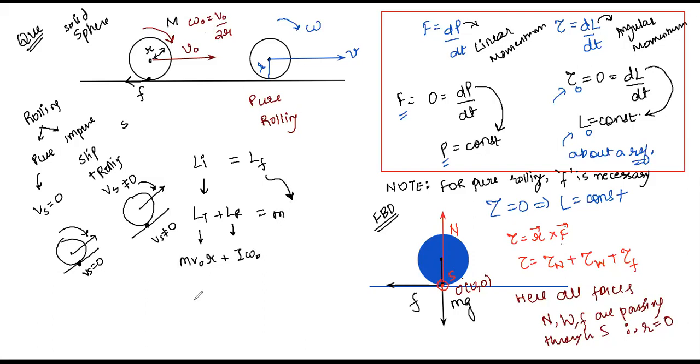Let us call this L_P dash. This is equal to m v R, right? Now, what about rotational angular momentum finally? It should be equal to I into omega, correct?